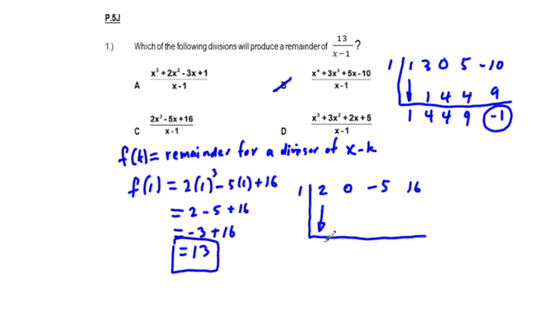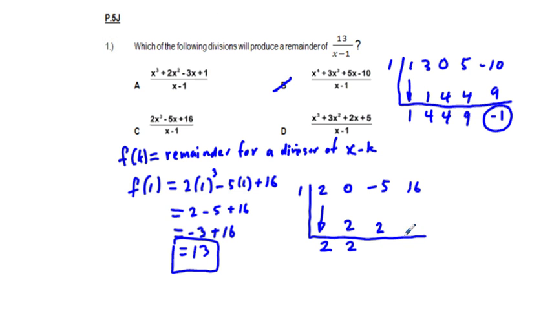We have 2, 1 times 2 is 2, 0 plus 2 is 2, 1 times 2 is 2, negative 5 plus 2 is going to be negative 3, excuse me.